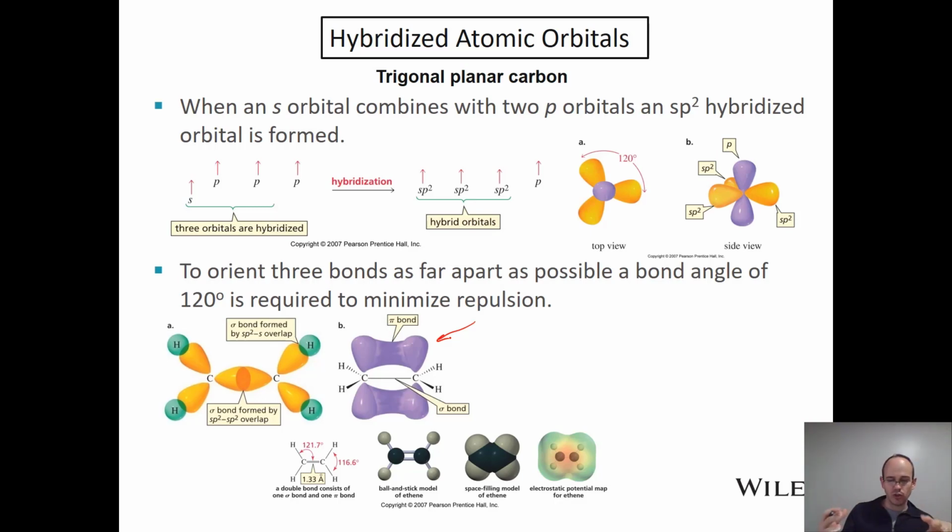So I have to reserve 1 p orbital on each carbon in order to make that side-by-side p orbital overlap. And if I'm going to do that, I can't use all 3 of those p orbitals in making my hybrid orbitals. So anywhere you see a pi bond, you don't have sp3 hybrid orbitals on that carbon or that atom.